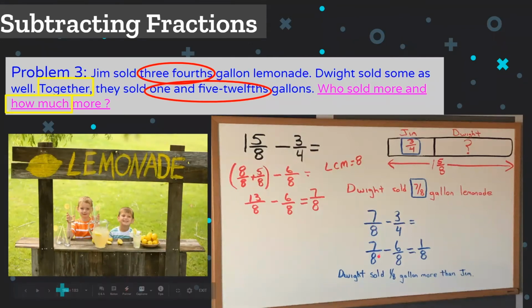So 3/4 will become 6/8. When we compare, 7/8 minus 6/8 is going to be equal to 1/8. And what can we safely say? Dwight sold 1/8 of a gallon more than Jim.